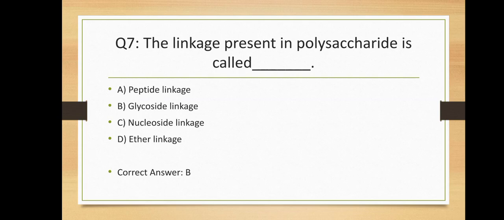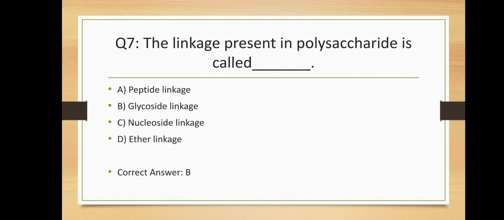So option A is incorrect, because peptide linkage is present in protein molecule, while option B is the correct one, which is the main responsible linkage or bond between monomer units of polysaccharides. Option C, nucleosidic linkage, is present in DNA, which is another very important polymer of our cell. And the last one is D, ether linkage.